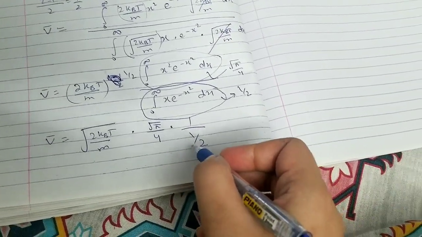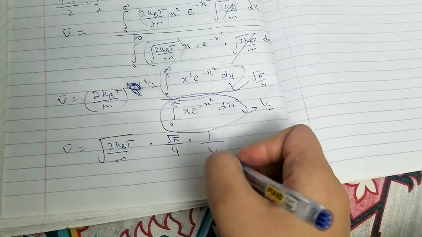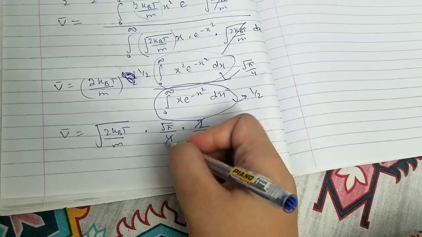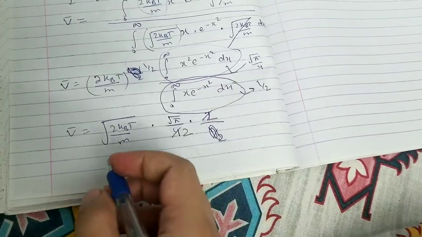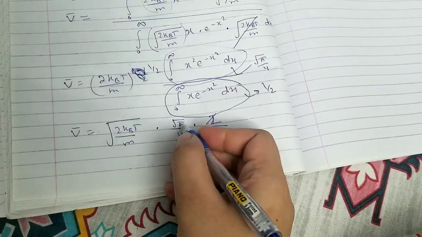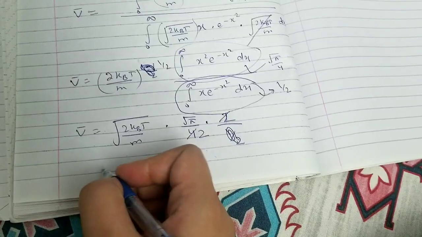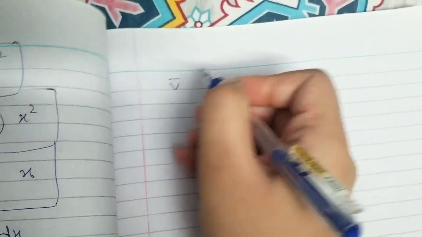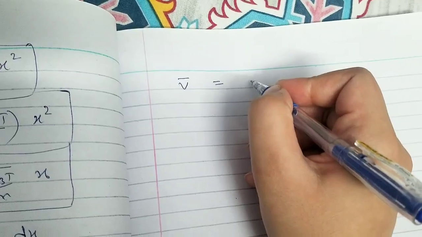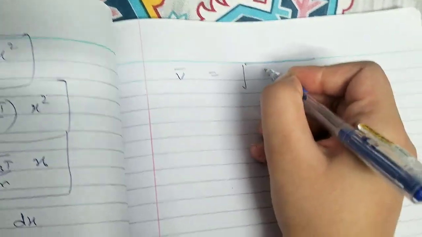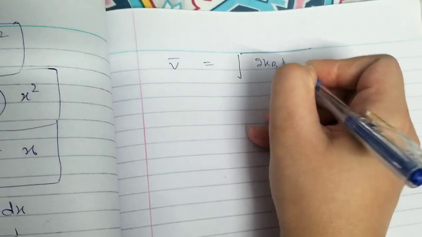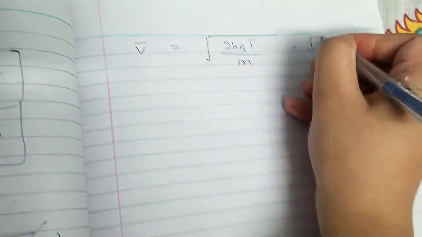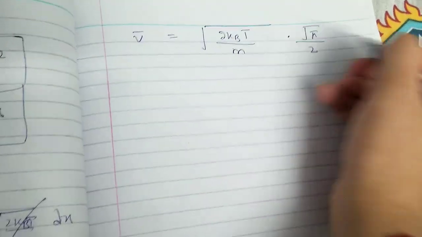Since 2 is in the denominator of a denominator, it comes in numerator, so it's 2 here. 2 ones are 2, 2 twos are... Okay, and this is under root pi, and we can do kbt by m dot under root pi by 2.